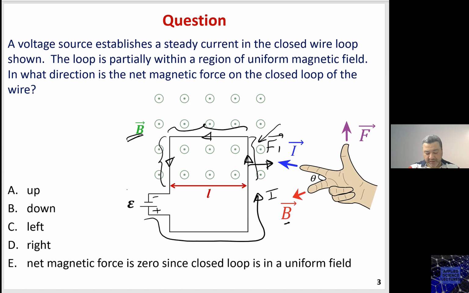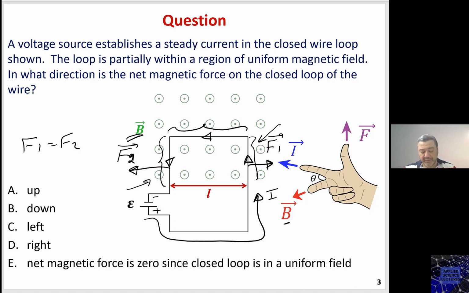Now let's look at this side. I have the current going downward. The magnetic field is out of the page. Then the force is in this direction. And this is again F2 here, where F1 and F2 are equal in magnitude. I have F1 equals F2, so they cancel each other. So the only force that's going to determine what's going to happen to the loop is for the upper piece of wire.